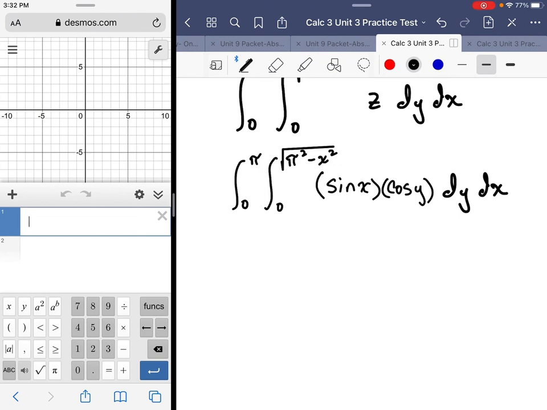So integrating with respect to y first, I would get sine of y.